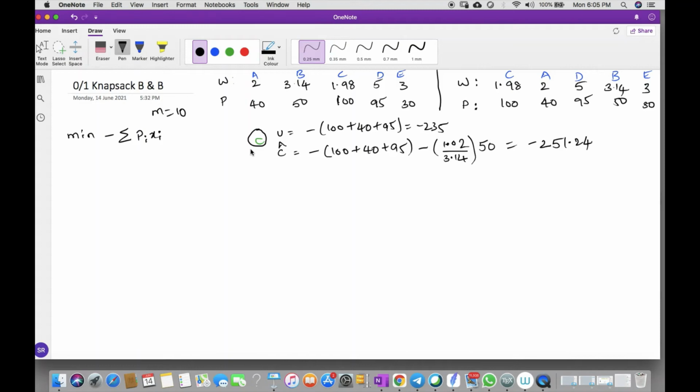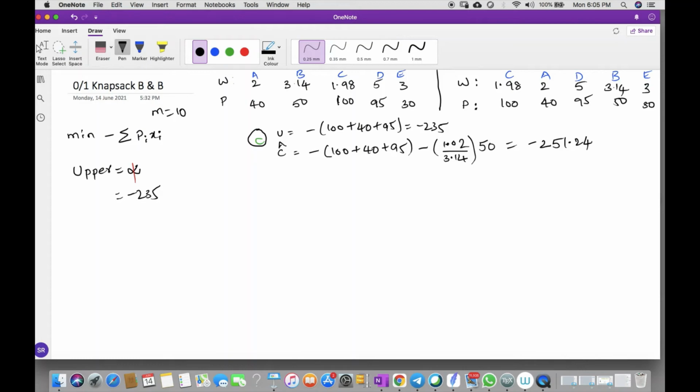And as I have already said, there is a best upper bound which we always maintain. In the beginning, the best upper bound is infinite, but now we found the upper bound as minus 235. So we just eliminate this, and we write the new upper bound as minus 235. See, we are working on a minimization problem.